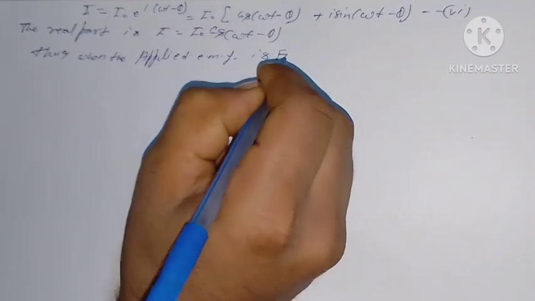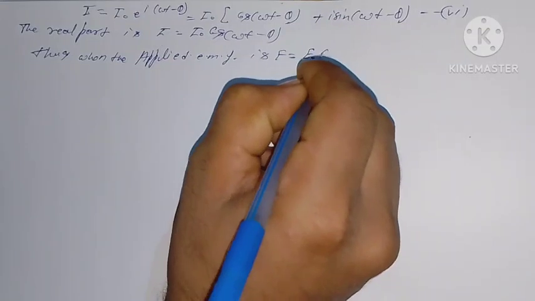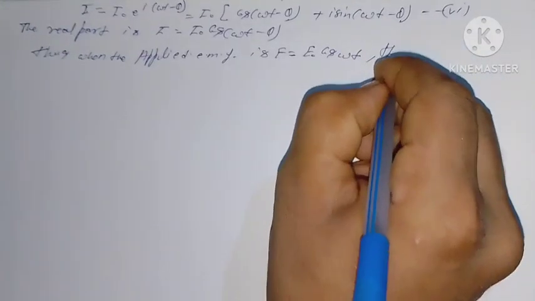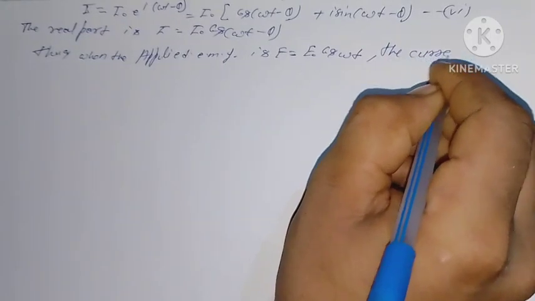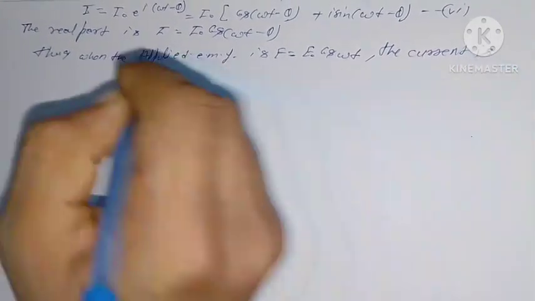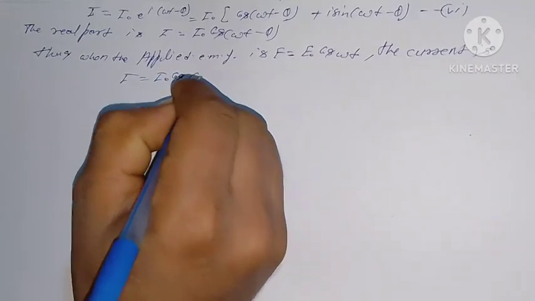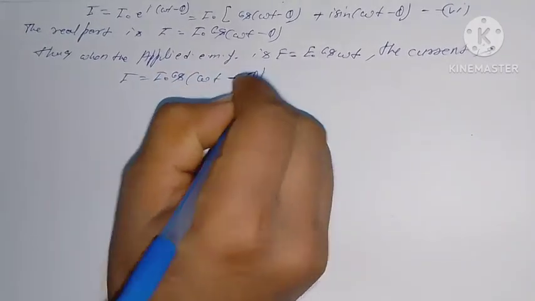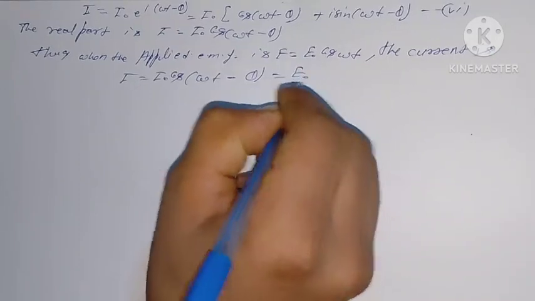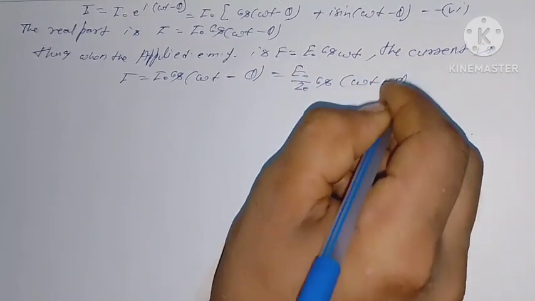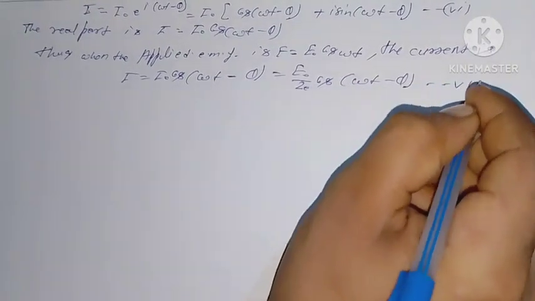I equal to I naught cos(omega t minus phi) equal to E naught upon Z cos(omega t minus phi).